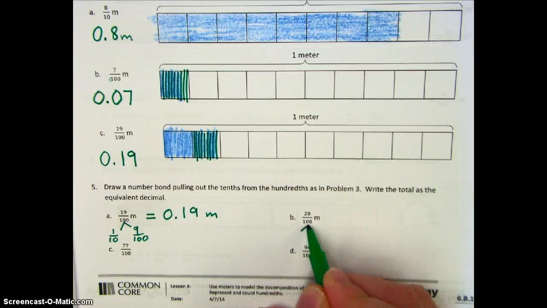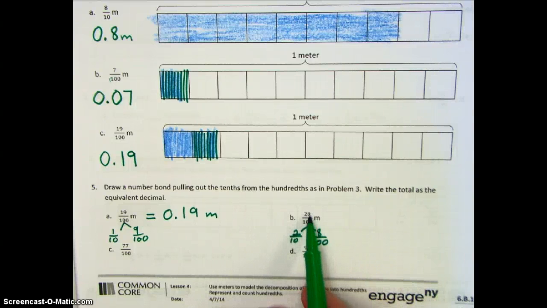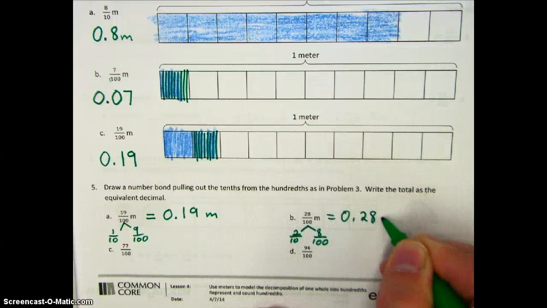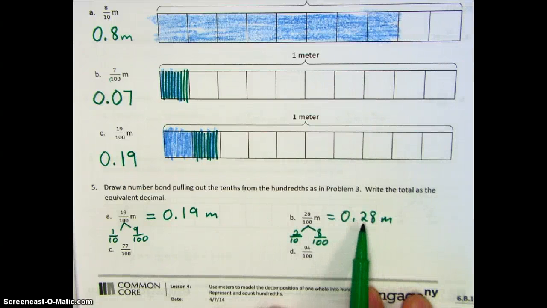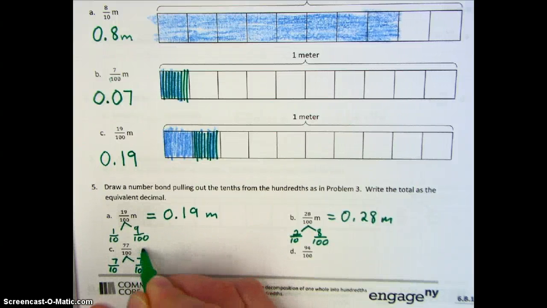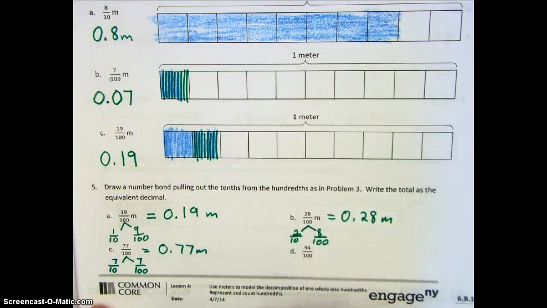Same thing over here, problem B. We have 2/10, 8/100ths. You can see where your 28 comes from. So again, we have 28/100ths. That 2 is in the tenths place, and the 8 is in the hundredths place. Okay, 7/10 and 7/100ths, which then gets us 77/100ths.